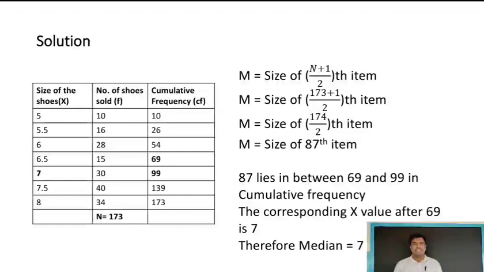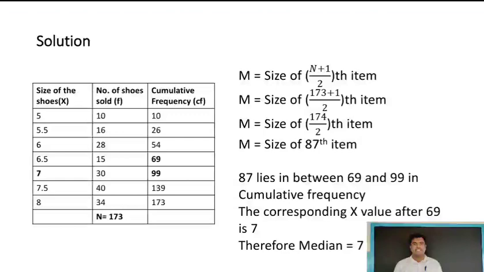Then I'll apply the formula. Median is equal to size of (n plus 1) by 2th item. Here n refers to the summation of frequency, that is 173, plus 1 by 2th item. So 174 divided by 2, I get the 87th item. Now I'll try to identify where this 87 falls. 87 lies in between 69 and 99 in cumulative frequency.